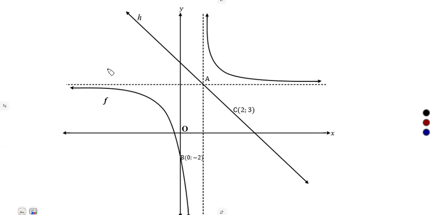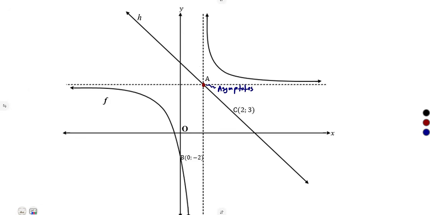We have got our f of x and also the H, which is passing through the point A, which is representing the asymptotes, as we do understand, the x and the y value for the asymptotes. So this is the point of intersection of the asymptotes.